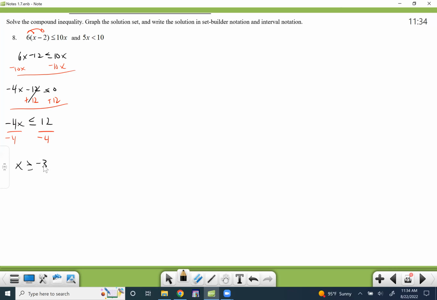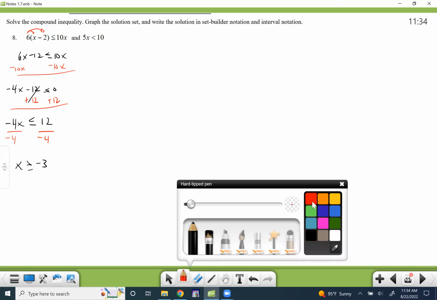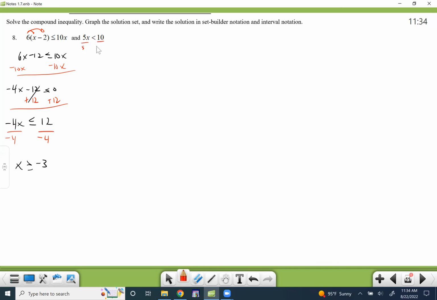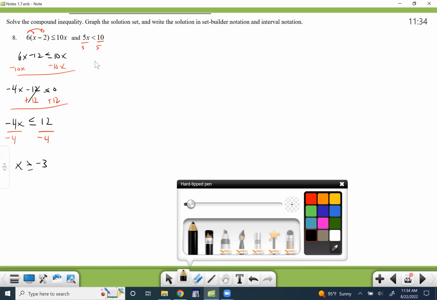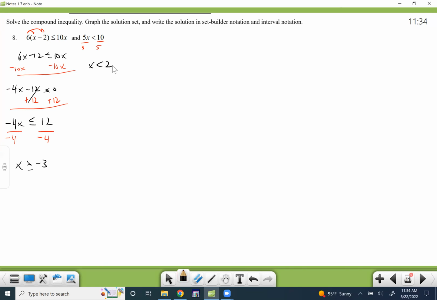Okay. And then let's solve the other one. Thank you for a nice, easy one. We'll take it. Okay, let me just double check my math really quickly. That looks good. Okay. Now this time it was an and, right? So I'm just going to write it on down here.